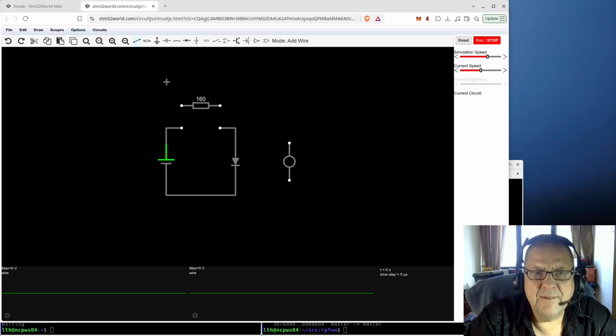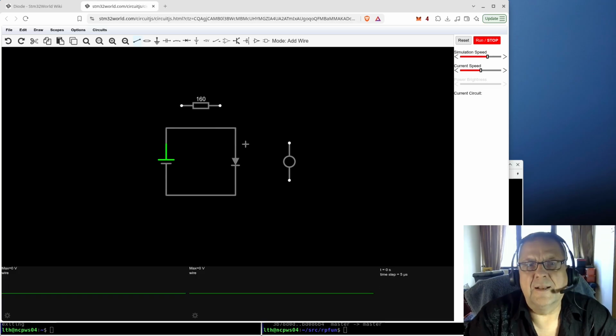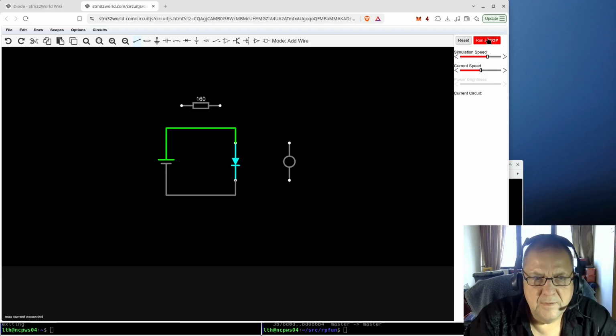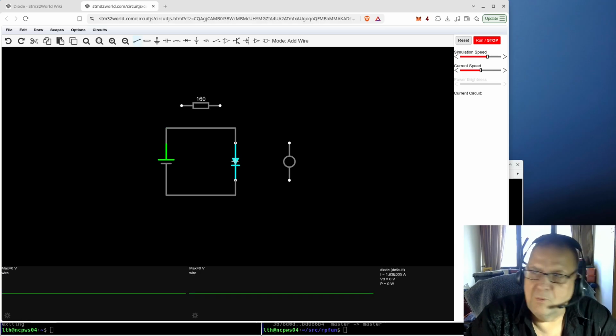So if we imagine, let's wait, options, show the toolbar. If we imagine we had a circuit like this, where we put a 5 volt directly over, an enormous amount of current will run in the circuit. We can try to run it. It won't actually simulate anything because the diode will blow immediately, depending on how much current the power supply can deliver, but it will blow immediately.